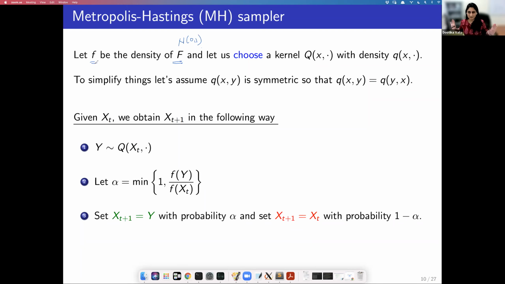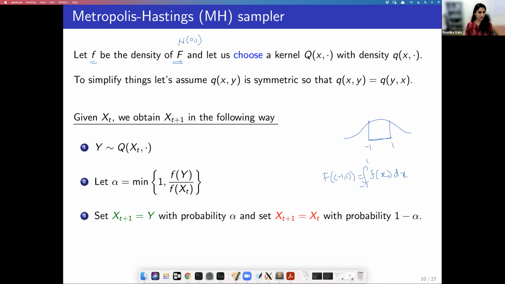This is certainly not a technical definition, but I'm being careful in differentiating between the density and the distribution, because these are two different things. Right? So for the Gaussian, if I want to measure the mass associated with the interval -1 to 1, I will have to write the integral from -1 to 1 of f of x dx, and that becomes F of the interval -1, 1, the mass associated with this interval. Okay, so that's just me being careful between the distribution and the density.